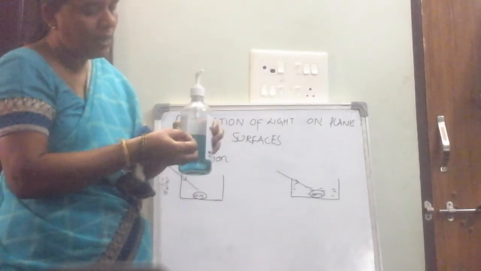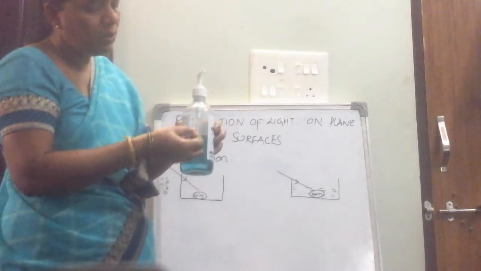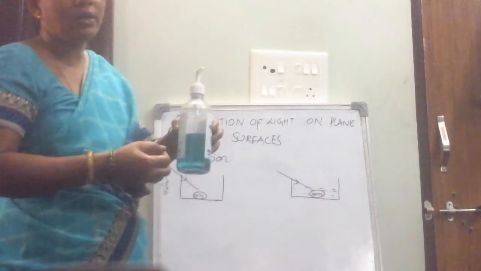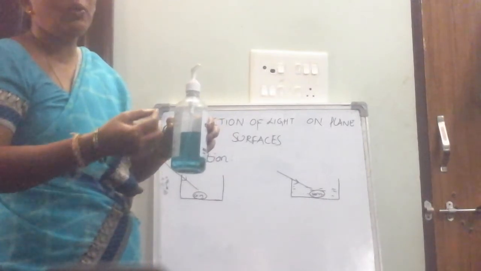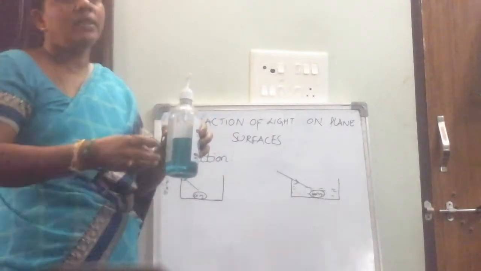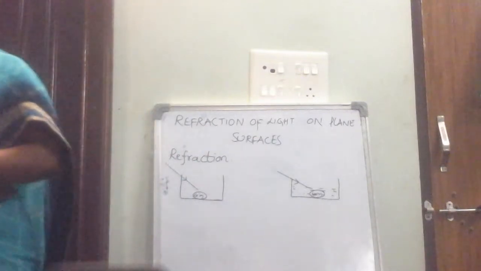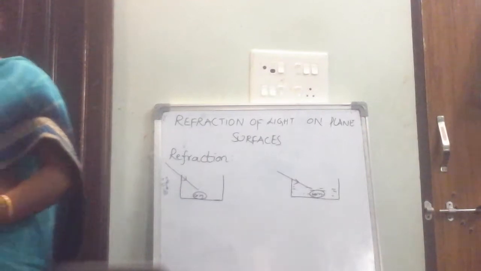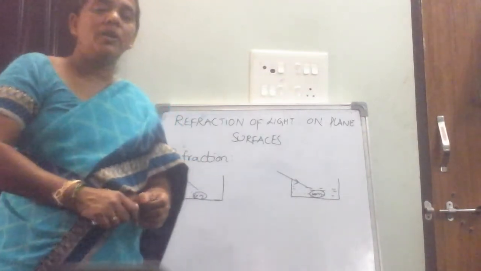But at the place where the two are separated, how does the pipe look? Why is it bigger in size, and why does the coin not appear when water is not there?